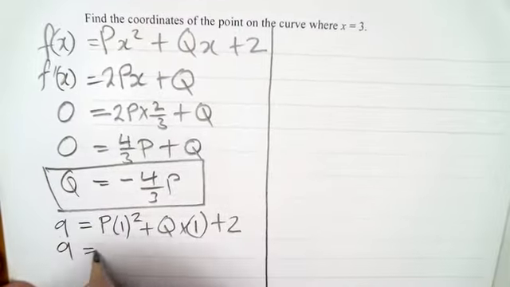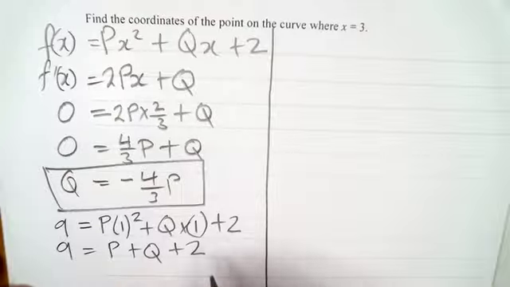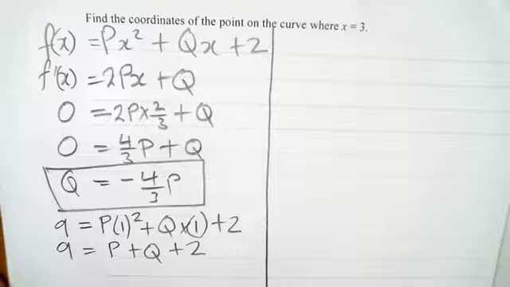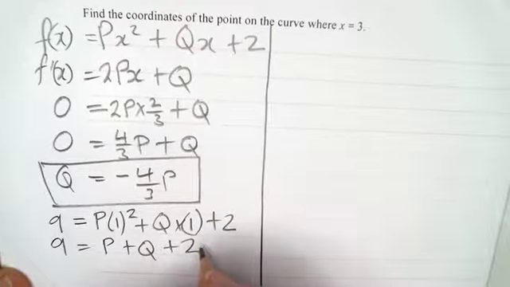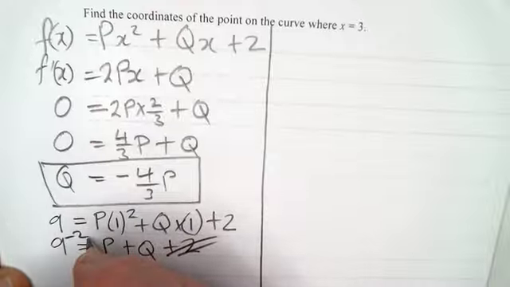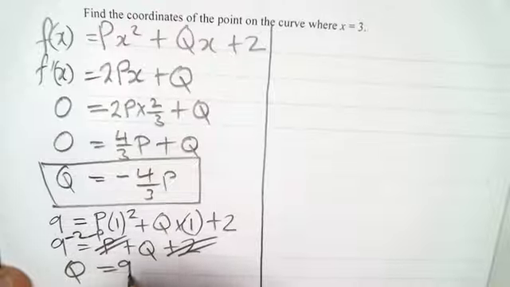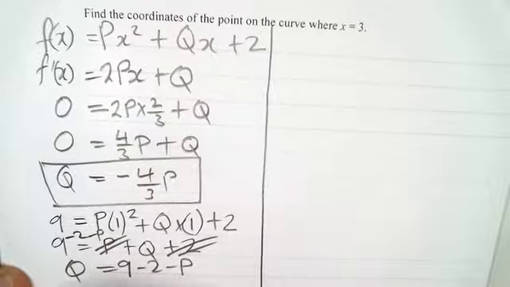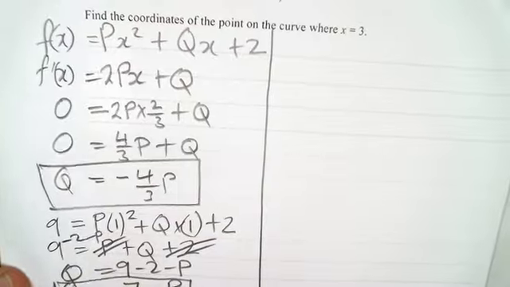So 9 is equal to p plus q plus 2. So I'm going to subtract 2 and subtract p from both sides. So q is equal to 9 minus 2 minus p, so q is equal to 7 minus p. I think that looks rather good. Let's make that our second equation.